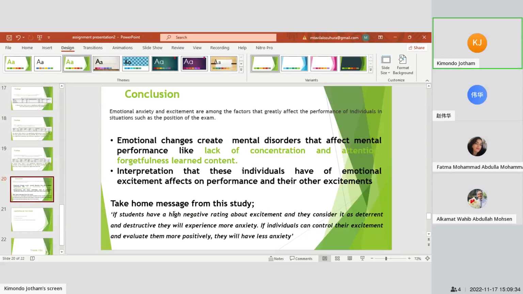So this is a take-home message from this study. If students have a high negative rating about excitement and consider it a deterrent and destructive, they will experience more anxiety. If an individual can control their anxiety and excitement and evaluate them more positively, they will have less anxiety.